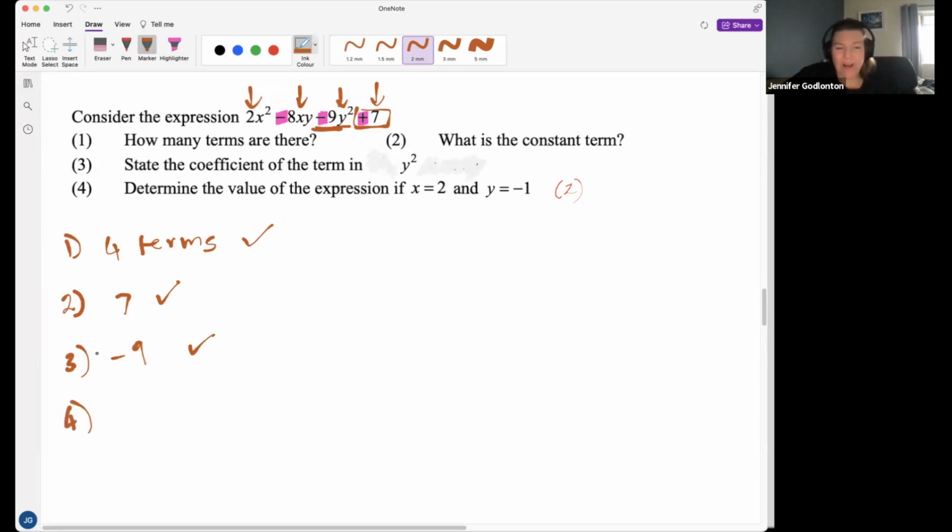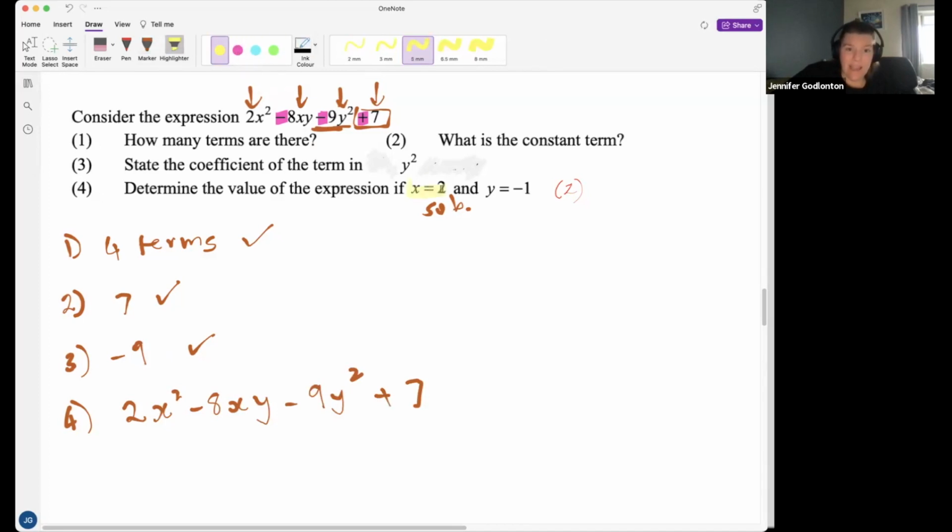Question 4, determine the value of the expression if x is equal to 2 and y is equal to -1. So all this is substitution. That's all we're doing. Okay, so we're basically going to write our expression, and instead of writing the variable, we are going to write a value. So I'm going to start by just writing out our expression like this so that you can see it clearly. Okay, and now wherever I have an x, I'm going to put a 2.